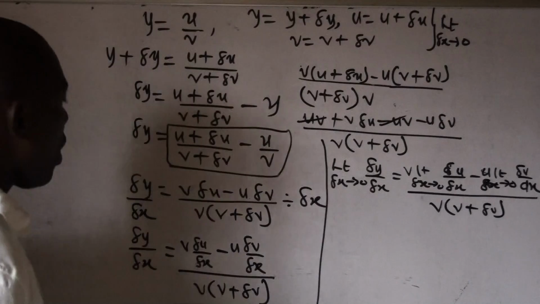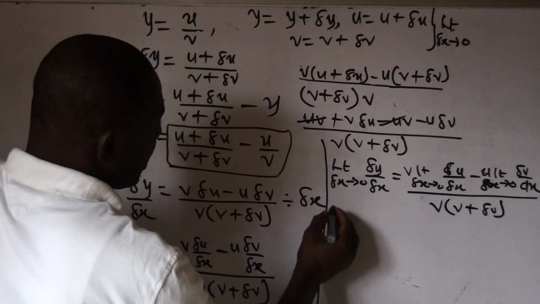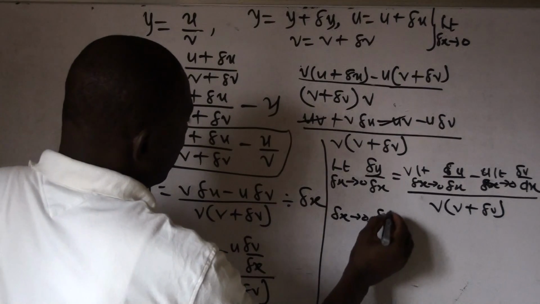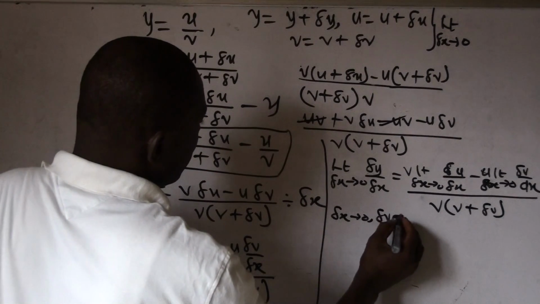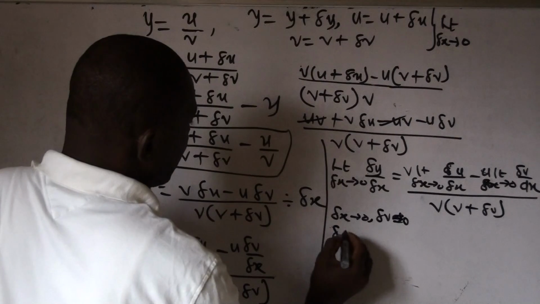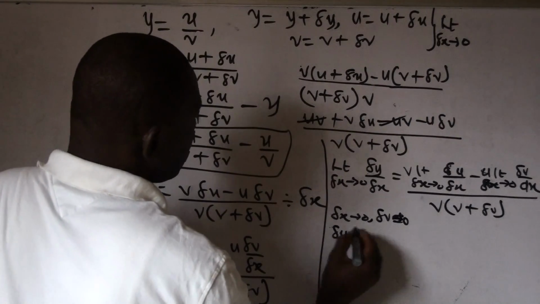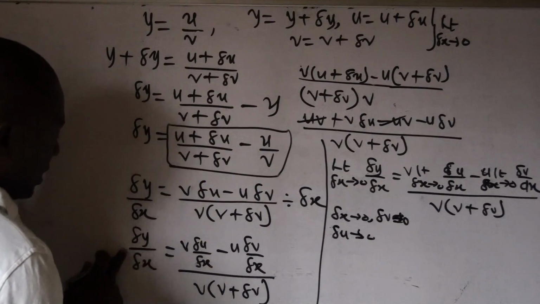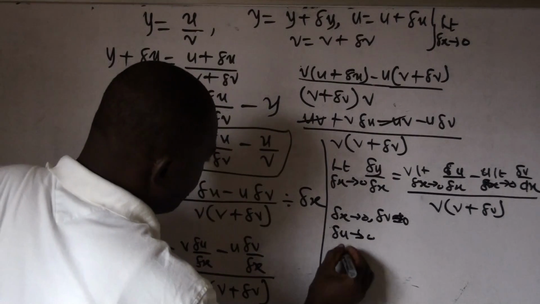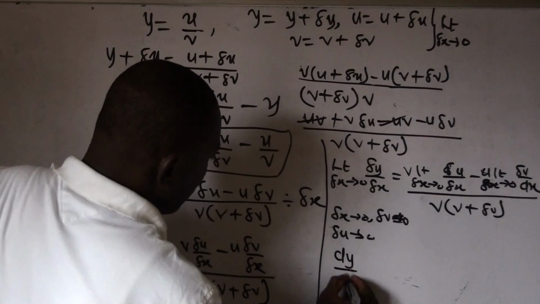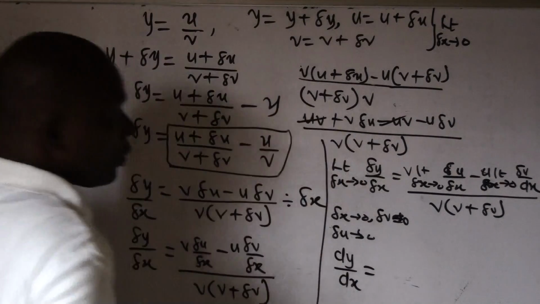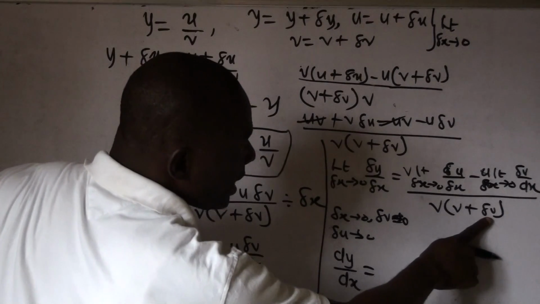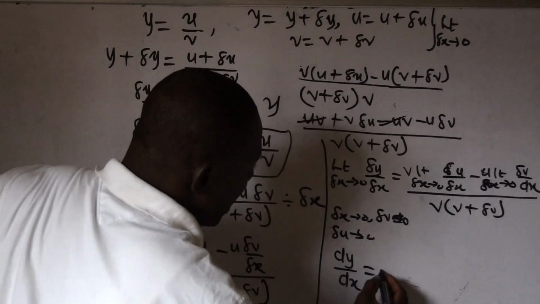So with all these limits as delta x tends to 0, delta v also tends to 0 and delta u also tends to 0, so that delta y over delta x becomes dy over dx.